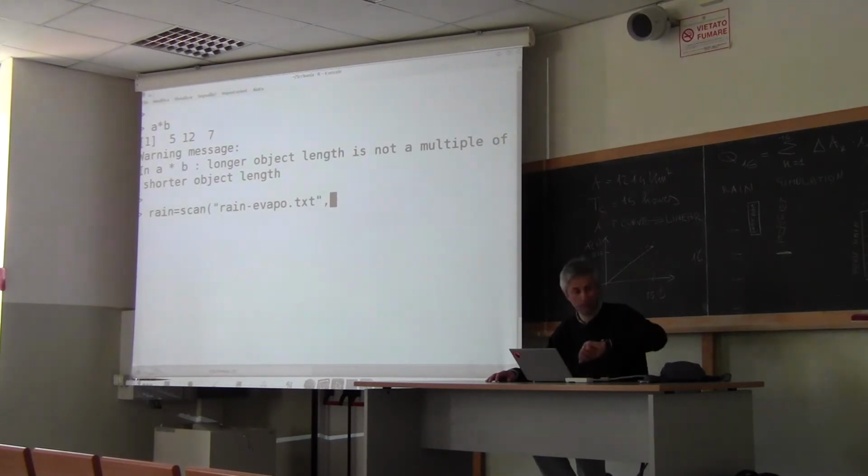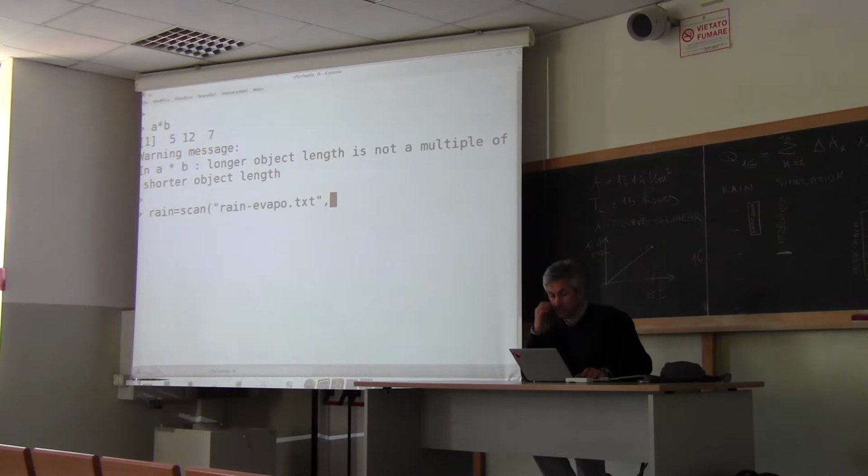Okay, there is one problem, which is that scan expects to find numbers by default. And if in your text file there are characters, then it gives an error. And indeed we have characters, because you may remember that in the first 2 lines there were characters.